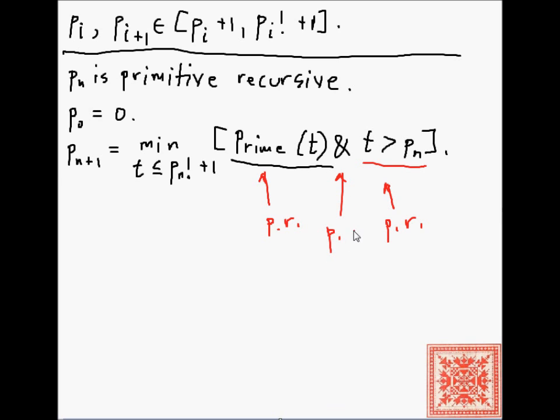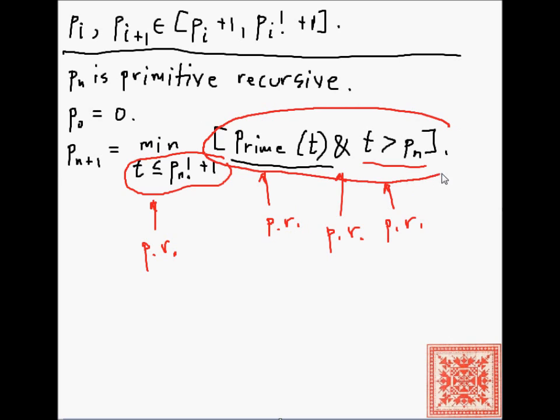Greater than is primitive recursive, and the and of two primitive recursive predicates is also primitive recursive, so this is a bounded minimalization. On the assumption that p sub n is computed, then less than or equal to is also primitive recursive, and the bounded minimalization of a primitive recursive function is primitive recursive itself.